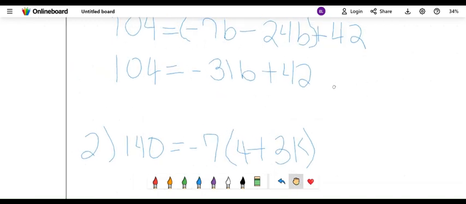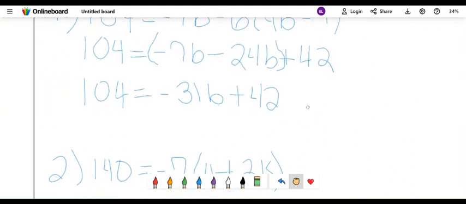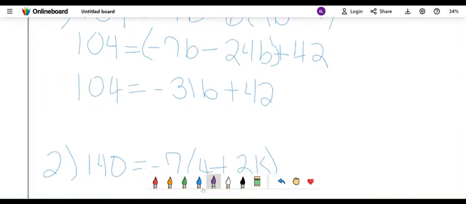So now we have a two-step equation. As usual, to solve this equation, we have to isolate the variable. First, we subtract 42 from both sides. I think I need more space here. That should be canceled. I'll draw an arrow so you know where to look.